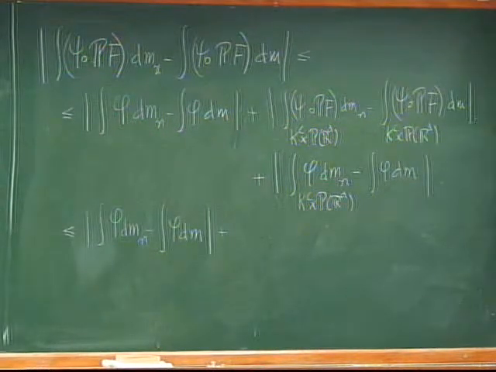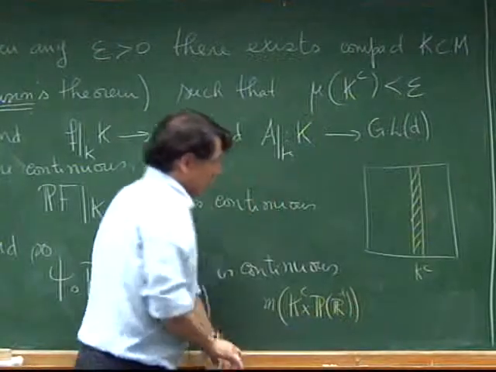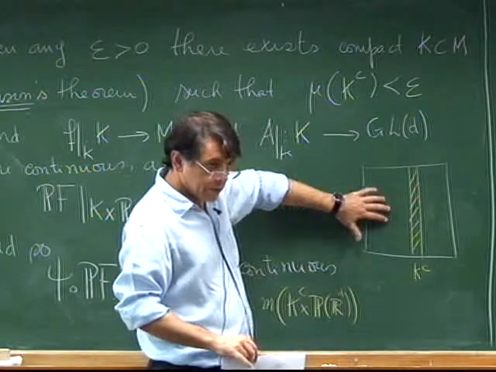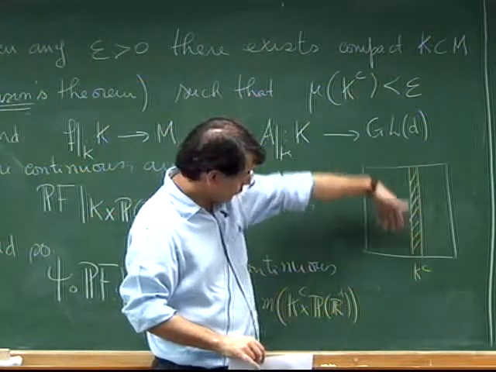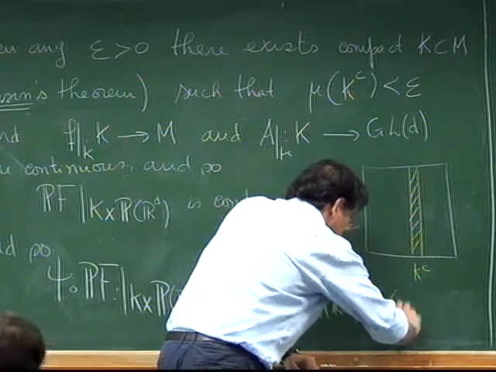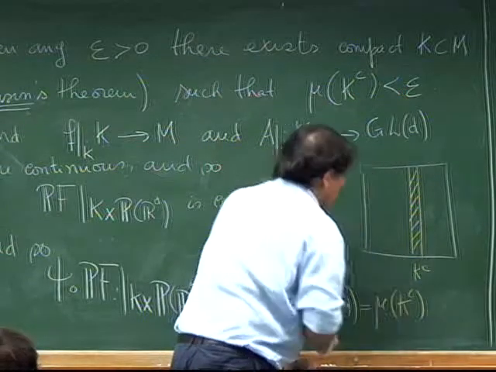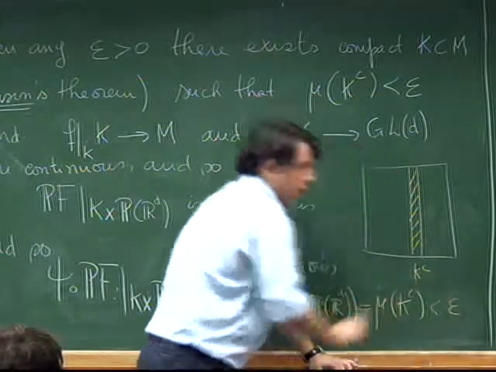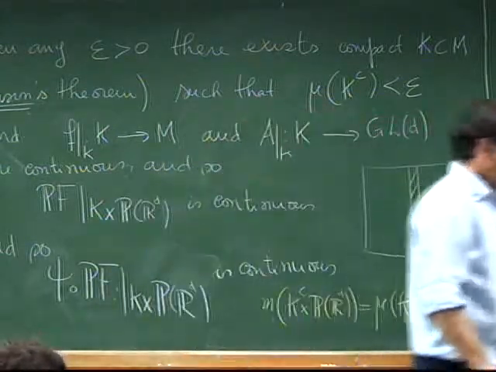Well, the measure of kc times p rd, the measure of this region here, since m projects to mu, is the same as the measure of kc, which is small.